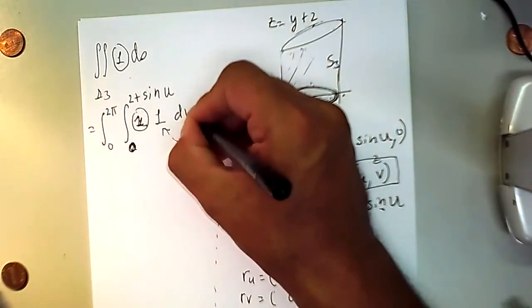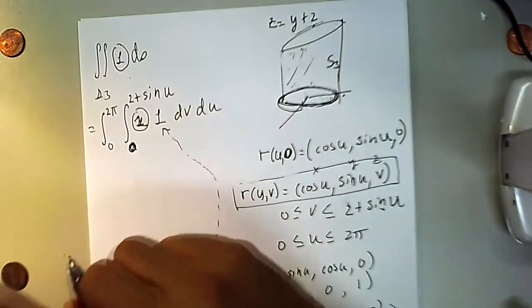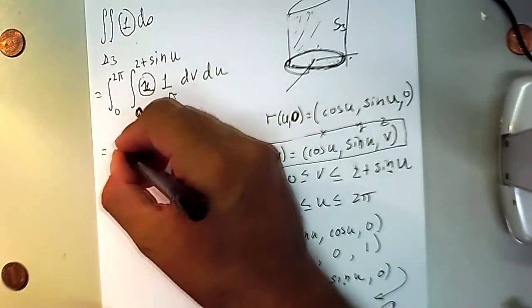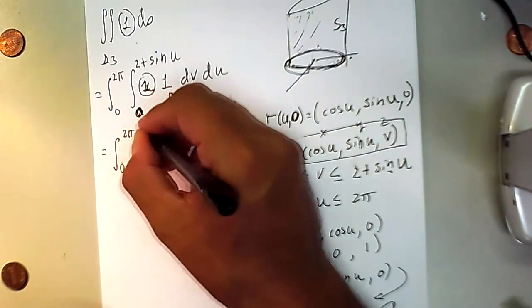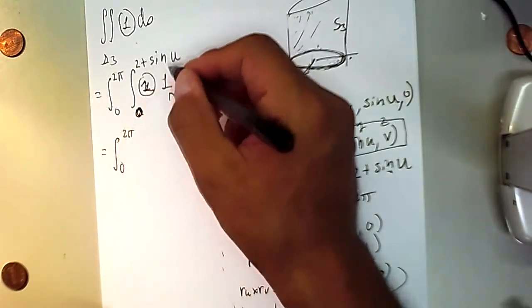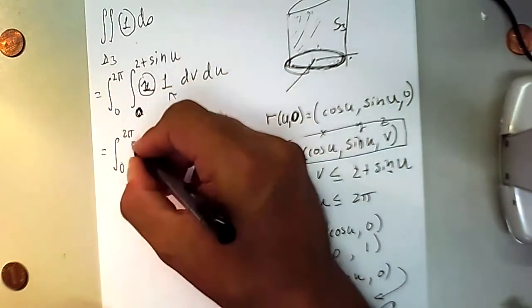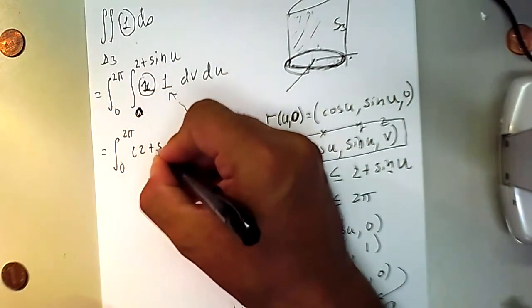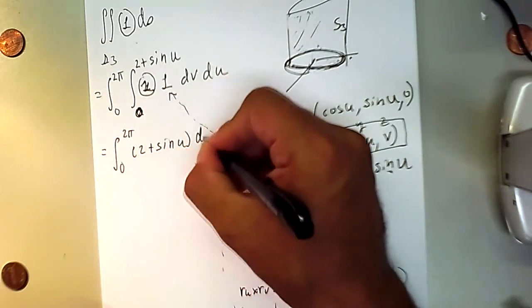dv du. Okay, so that is the integral from 0 to 2 pi. 1 is easy to integrate. We just end up with, and starting at 0 makes it even easier, 2 plus sine of u du.